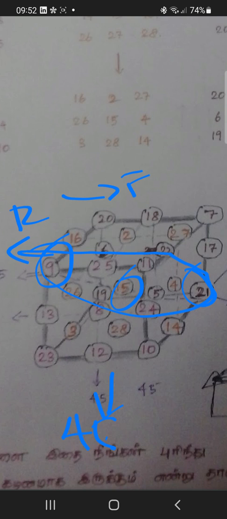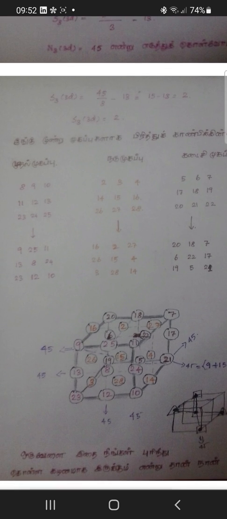If I take another example, 20, 15, 10, this is another one. So likewise I keep getting the entries exactly what I want. This is an example of a magic cube, which is three dimensional, a plain magic cube.